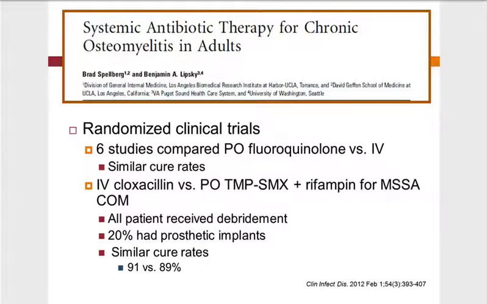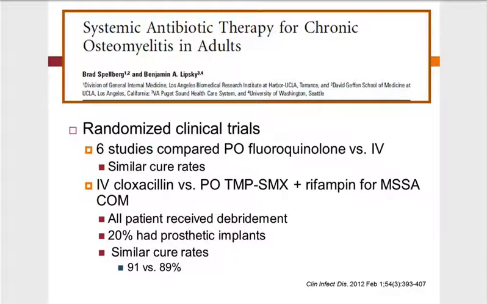Another study published was a randomized controlled trial looking at IV cloxacillin versus oral Bactrim plus rifampin for MSSA chronic osteo. All the patients had debridement, 20% had prosthetic implants, and the cure rates were very similar.